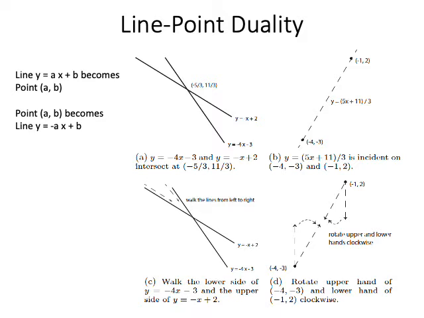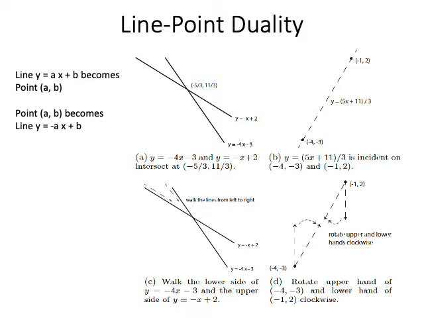In the dual space, the underside becomes a clock hand starting from 12 o'clock, and it rotates until it points at the other line. And the upper side of the lower line becomes a hand, like a clock.